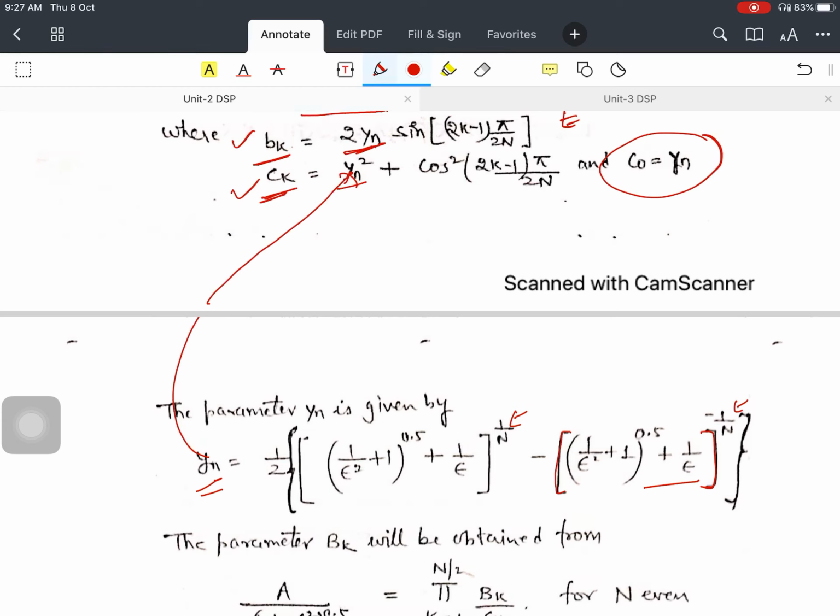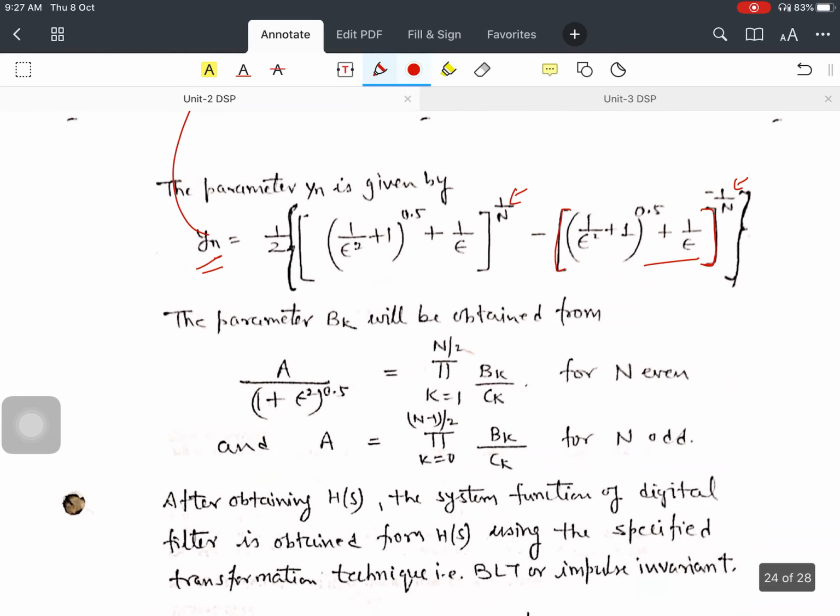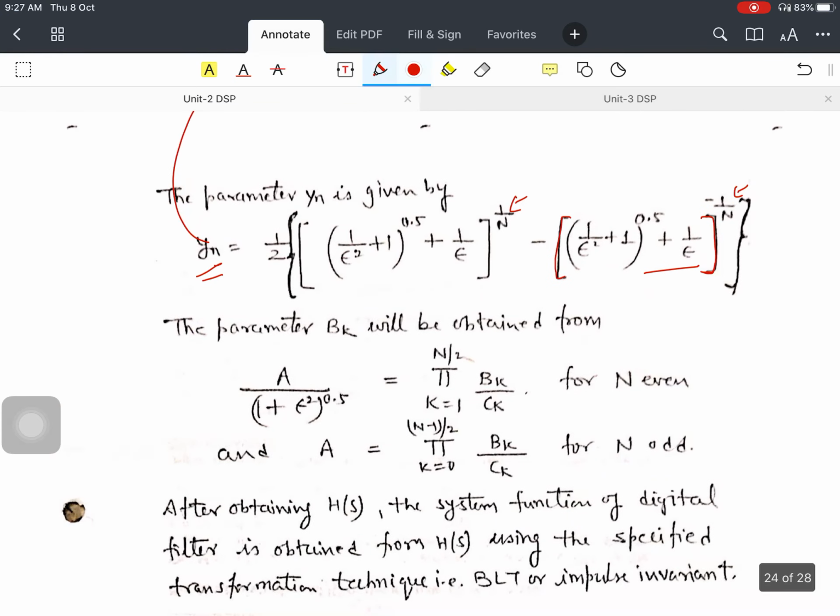Now the last parameter remaining is capital Bk. For calculating capital Bk, we use this formula, that is A upon (1 + ε²)^0.5 equal to the product for k = 1 to n/2 of Bk by ck when n is even.